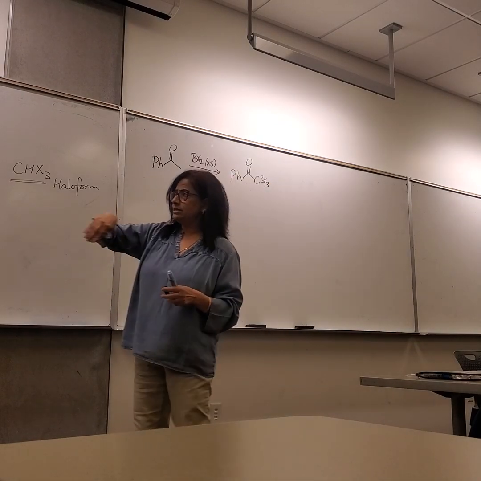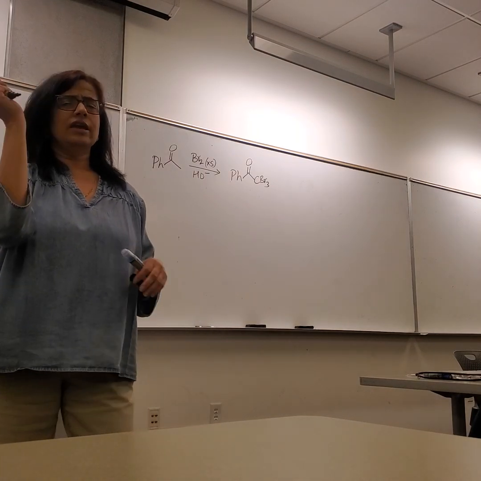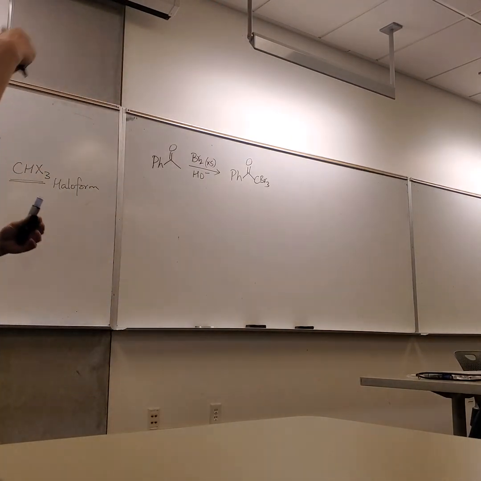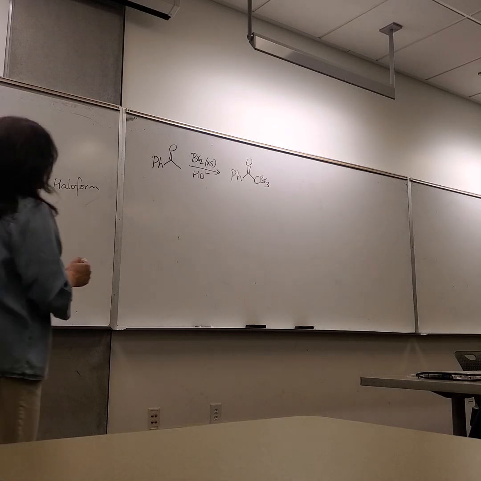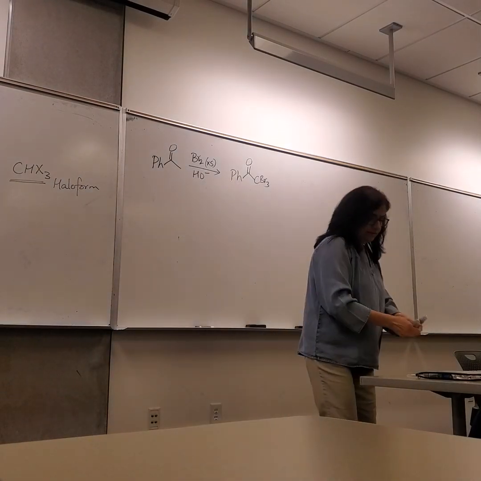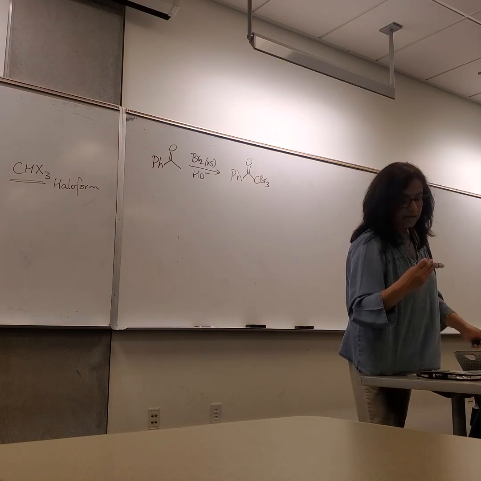Deprotonate, make enolate, react with bromine, deprotonate again, enolate, react with bromine, and one more time till all the alpha hydrogens are gone. Are you able to write this mechanism? Everybody okay? Okay, so then let's write what happens after that.